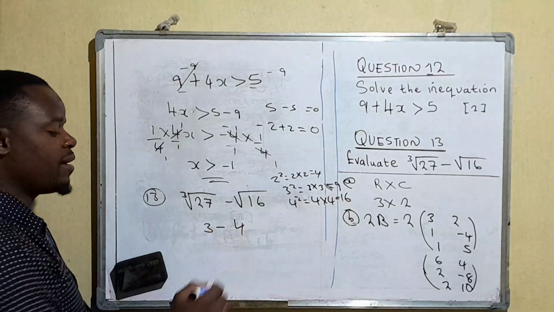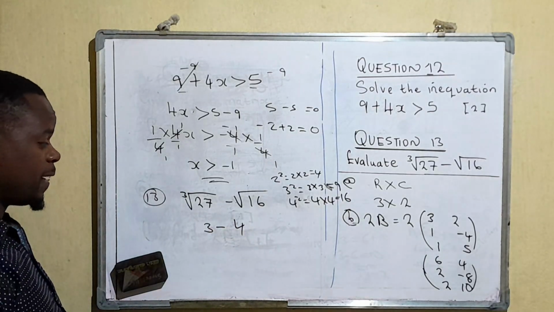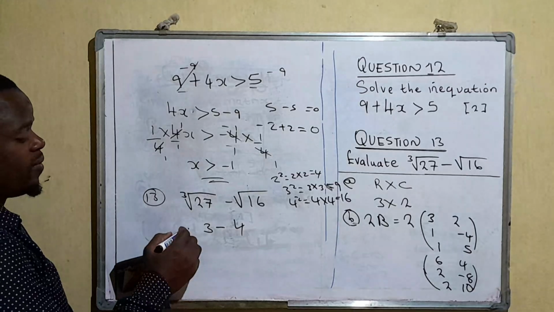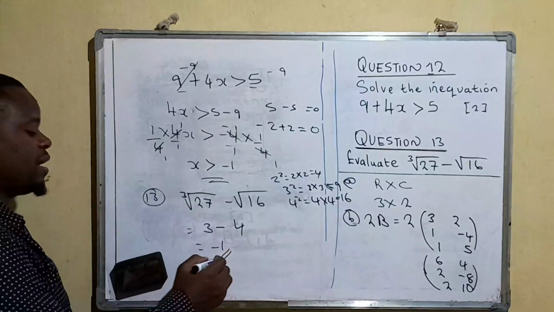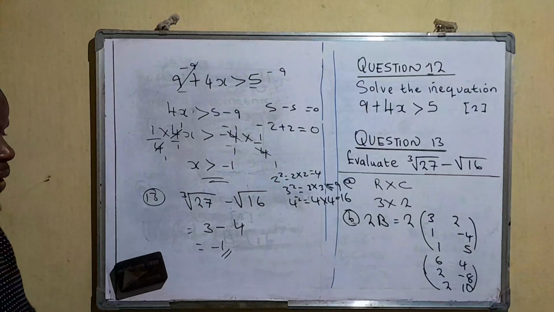So the answer here is a 4, right? Yeah, it's a 4. So then, what's the final answer? 3 minus 4, that gives us negative 1.